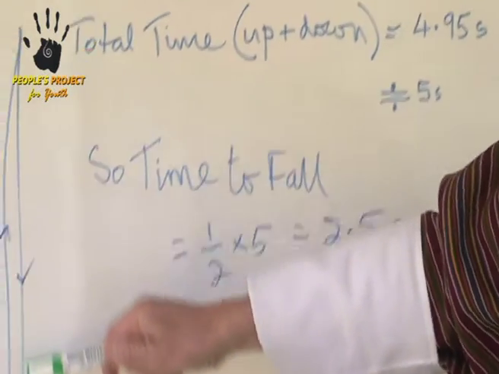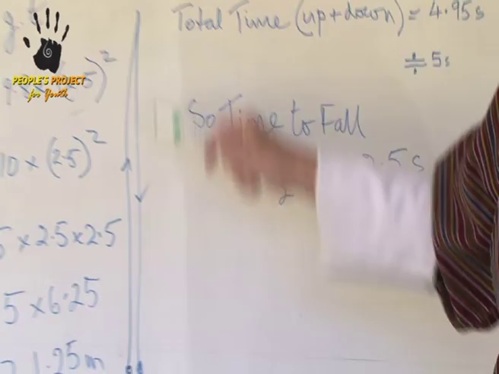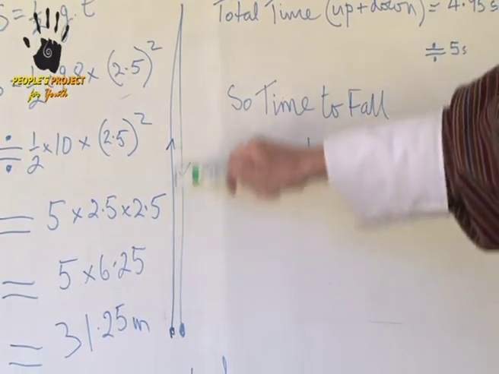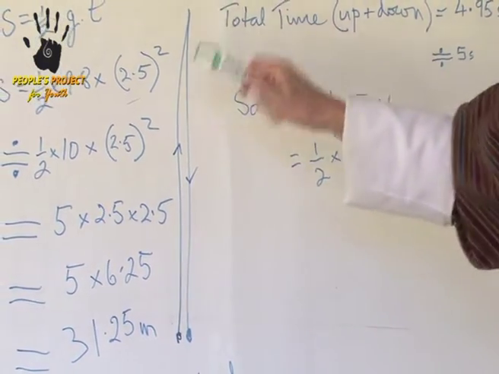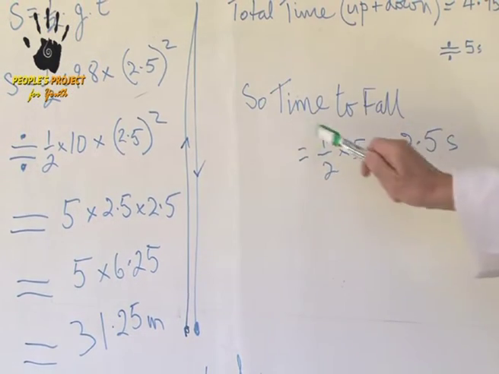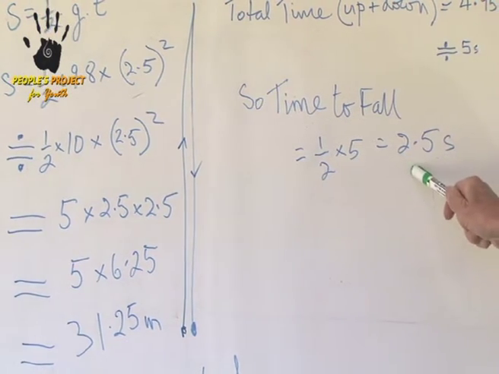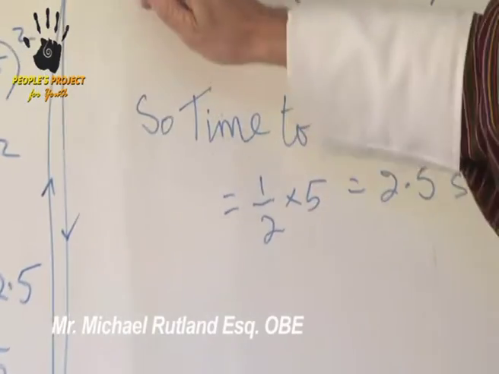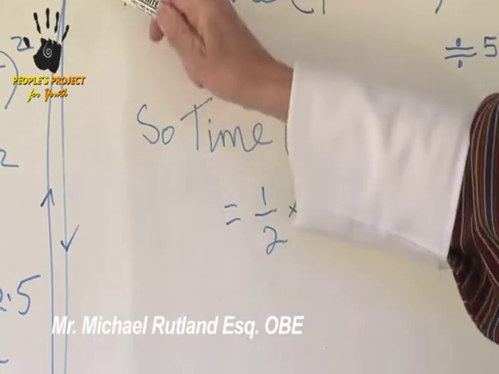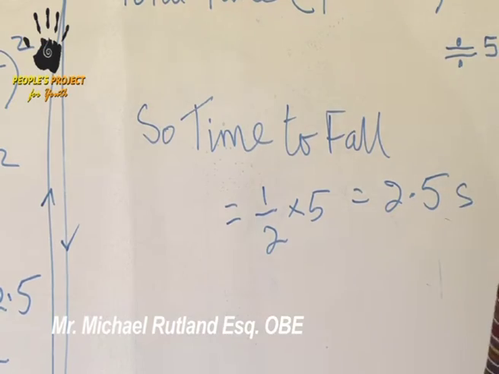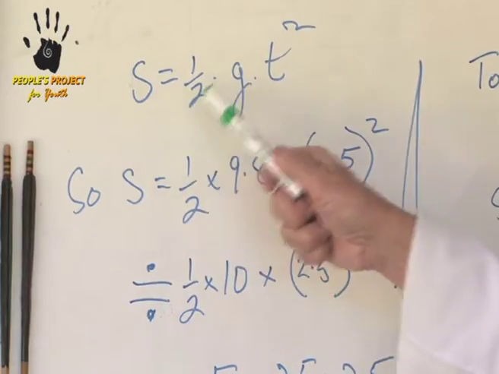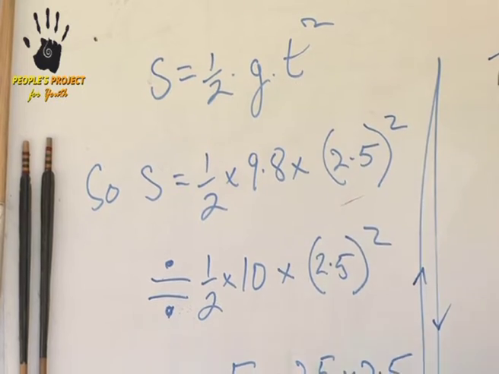If we take half of it, we'll get the time up or the time down, because it takes as long to go up as to come down. So half of 5, 2.5 seconds, is the time taken for the arrow to fall. 2.5 seconds to fall.